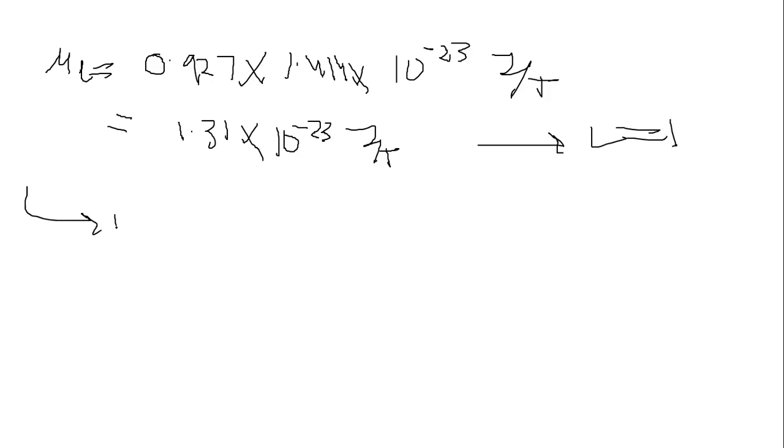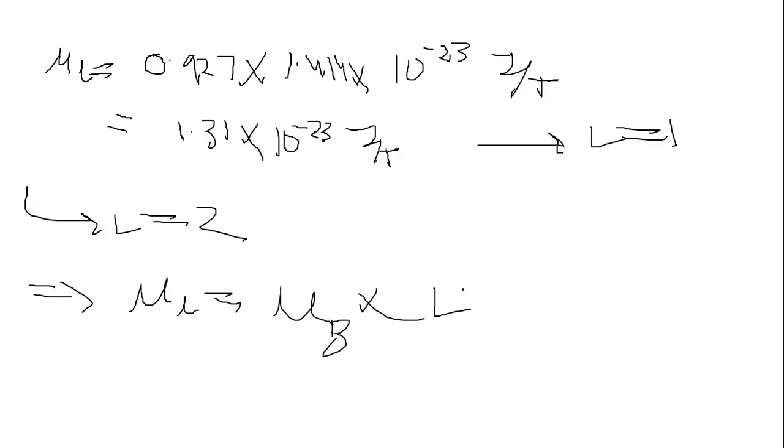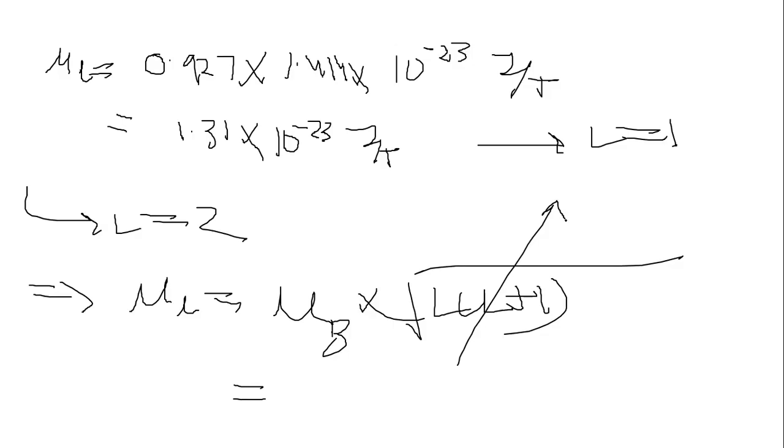Similarly, for l equals 2, we will get mu L equals mu B into root of l into l plus 1. This will be 2 into 2 plus 1, which is 3, so it will be root 6.